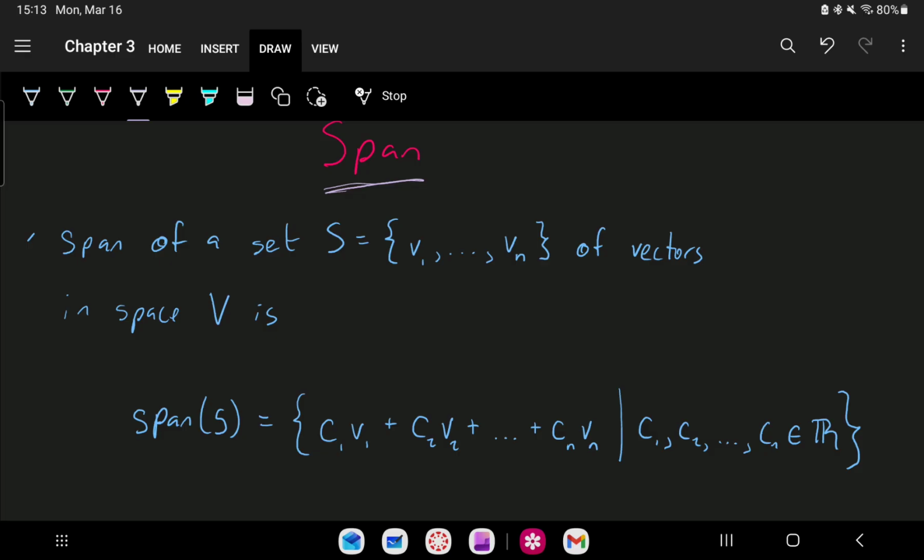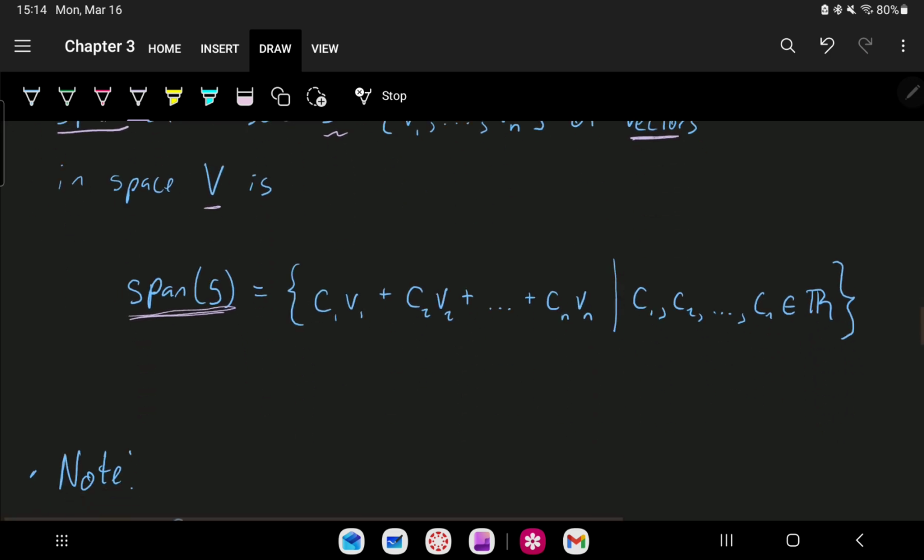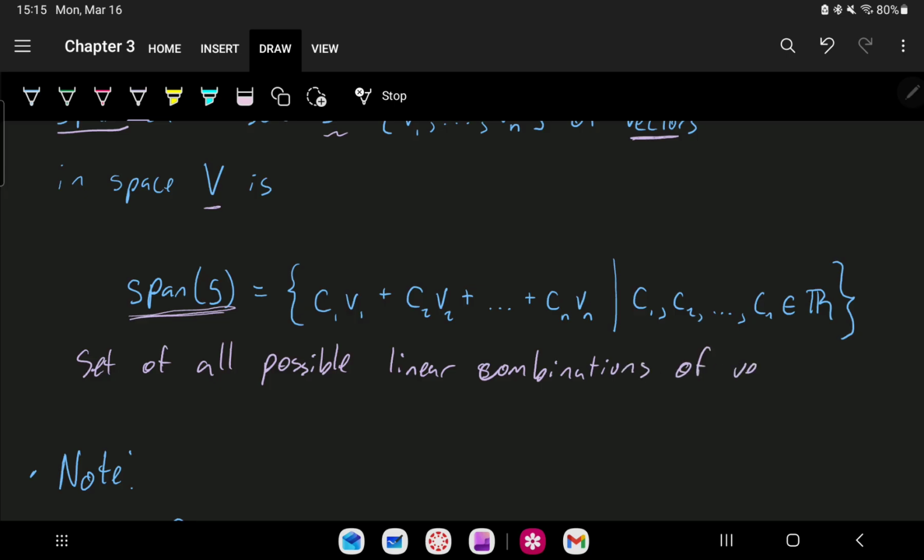That said, let us look at span. So a span of a set we'll call it S. And it'll be just a set of vectors right now, but it could also be matrices or polynomials, etc. Set of vectors in space V is denoted like this, span parentheses S. And basically, the span can be defined as the set of all possible linear combinations of vectors in S, right?